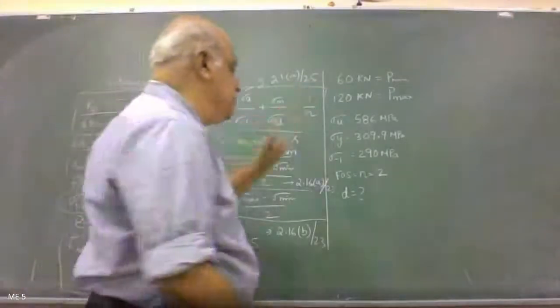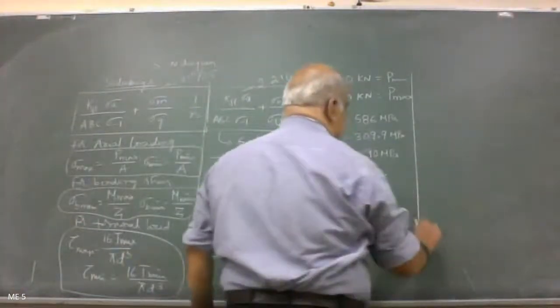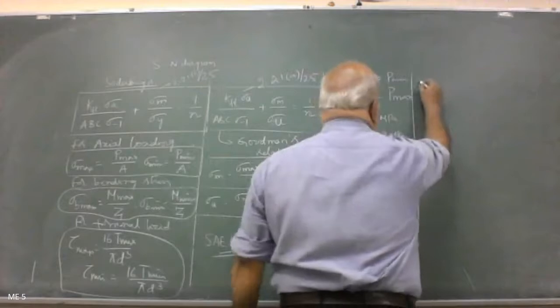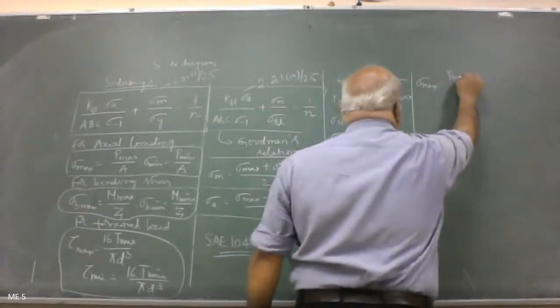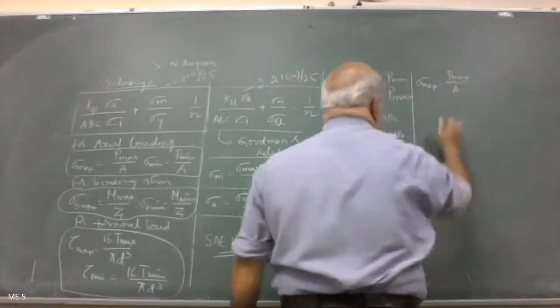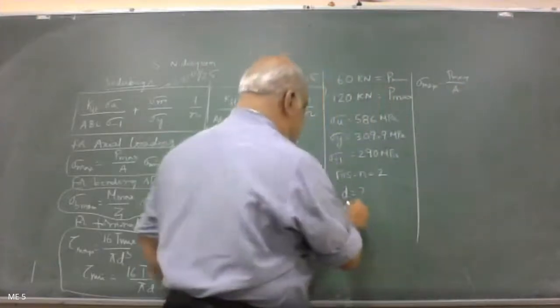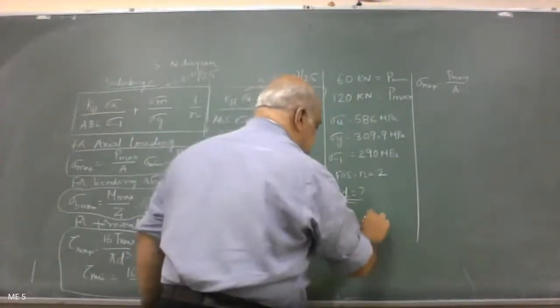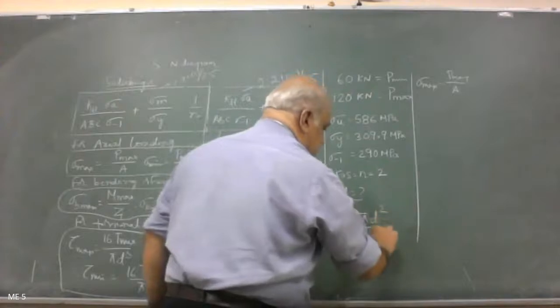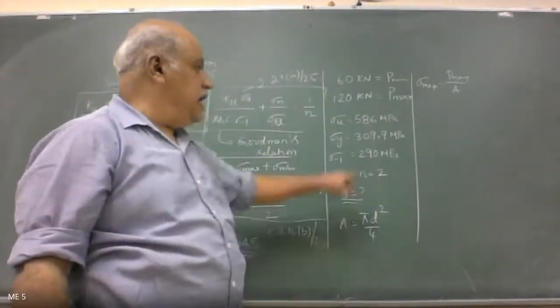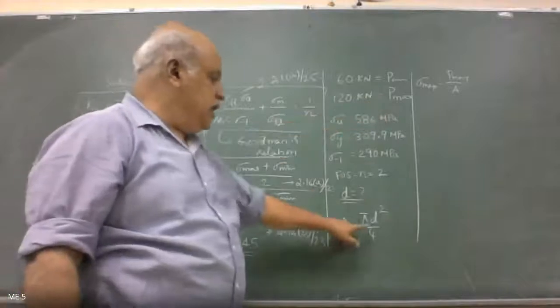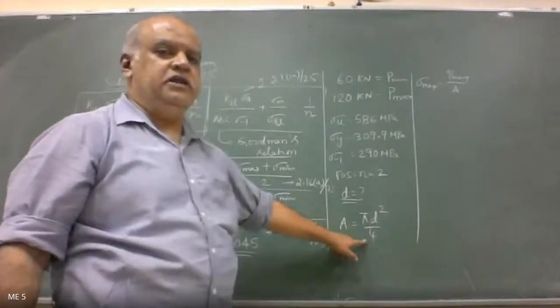To find out sigma max and sigma minimum, I can use these equations. Sigma max will be equal to P max by area of cross section, and area I can get from A equal to pi d square by 4, because the circular rod is given. So I retain A as it is throughout, and at the end I equate it to pi d square by 4 to get the value of diameter.